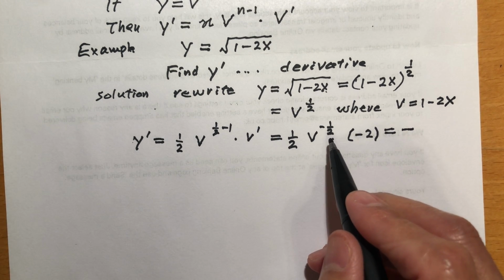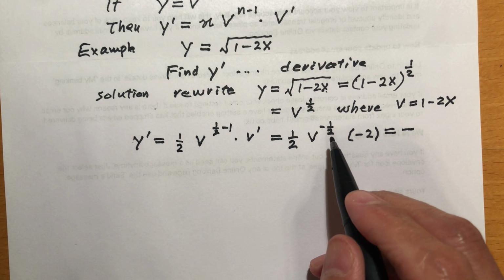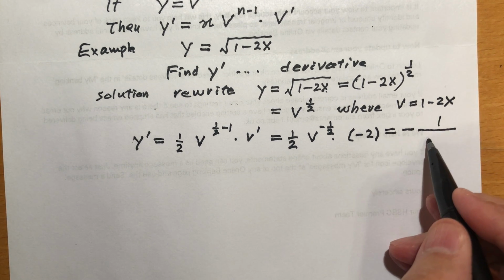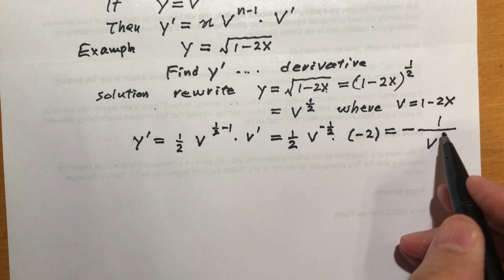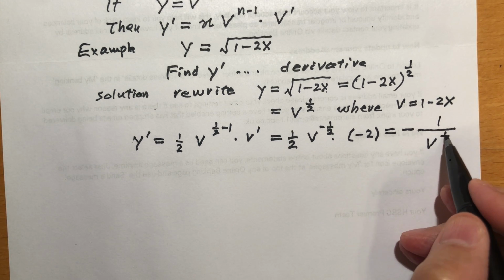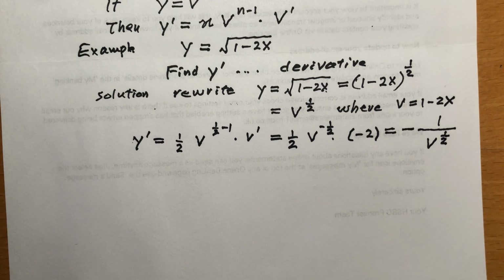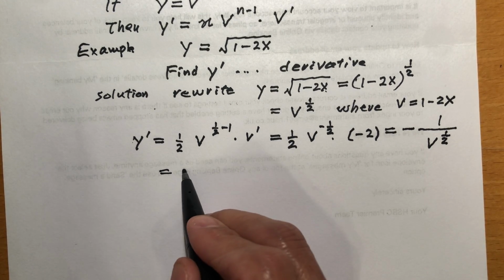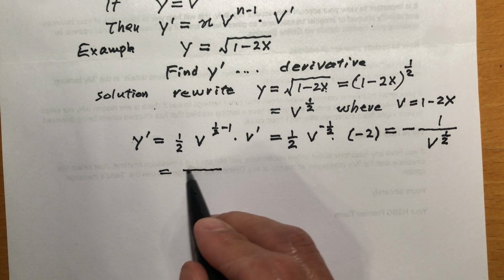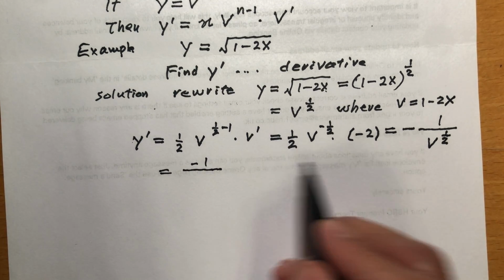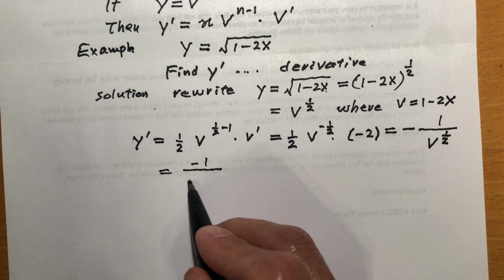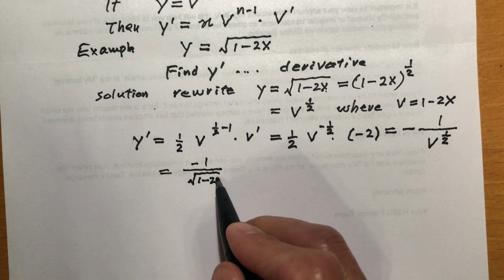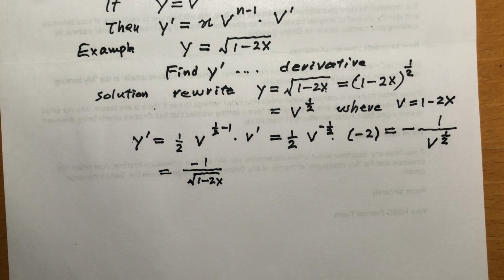And then this is negative 1/2 power. So you have this. And you can put this v to the half, v to the 1 minus 2x. So this is your result.